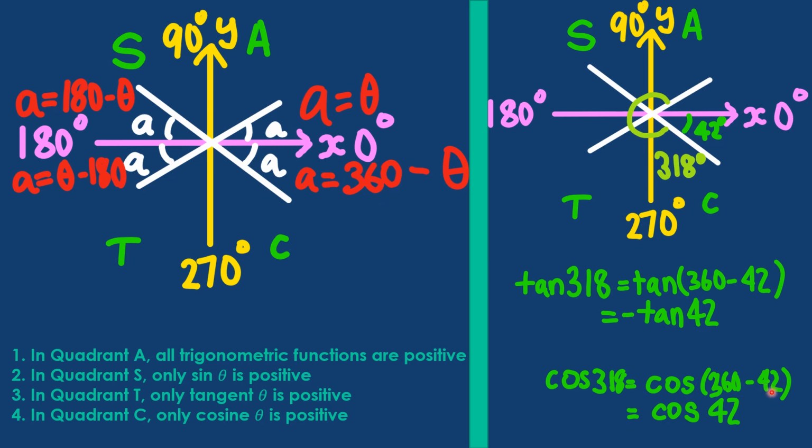So theta is 42. So cosine 360 minus 42. Now since it follows under the C category, it becomes positive, not negative. So it will become cosine 42. However, if it's tan 318, it will be tan 360 minus theta, which is 42. Now since it does not follow under the T category, it will become negative tan 42.